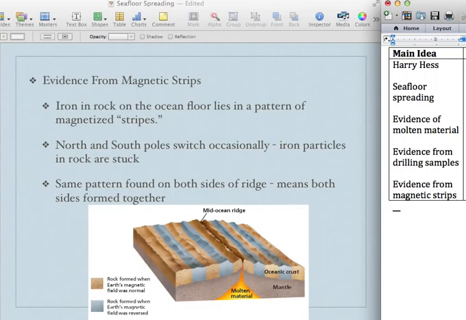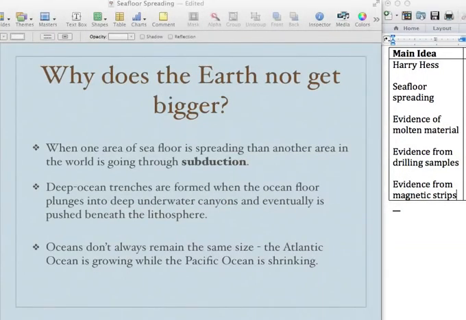So we've got all this evidence, so people were like, okay, Harry Hess, I believe you that you've got lots of evidence to support this. The seafloor is definitely growing. But they had a big important question for him. Why isn't the Earth getting bigger? You're making all of this new crust, so the Earth should be getting bigger.